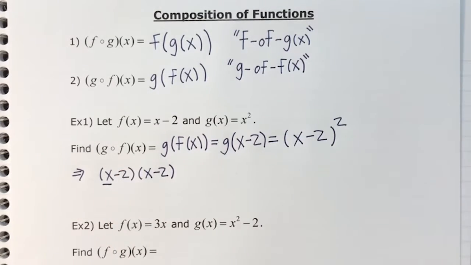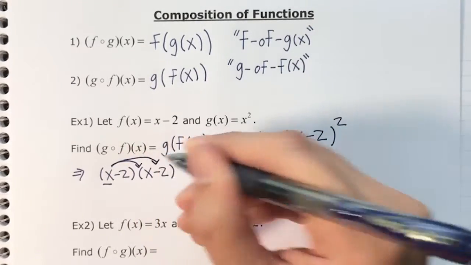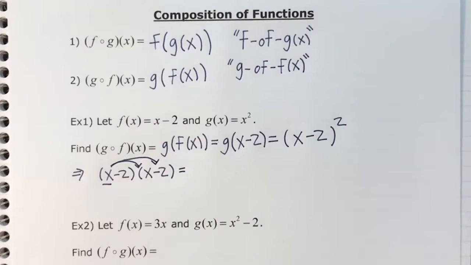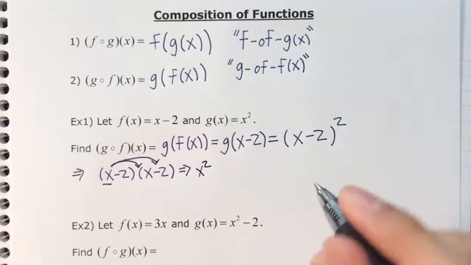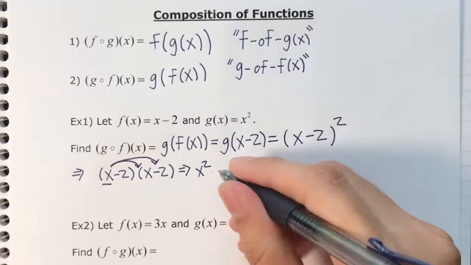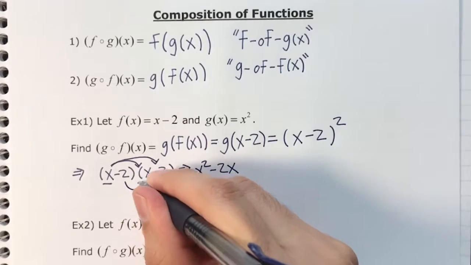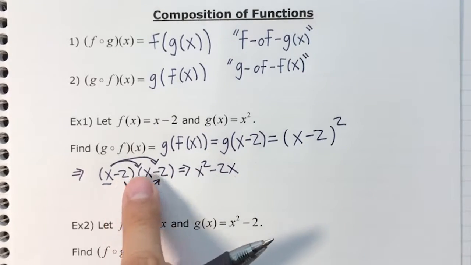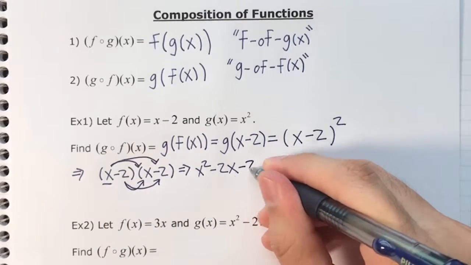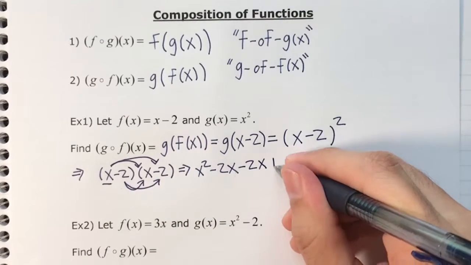We start off with the first term, which is x, and we multiply it to the x and to the negative 2. x times x is x squared. x times negative 2 is minus 2x. Let's distribute the negative 2 to the x and the negative 2 to the negative 2. Negative 2 times x is negative 2x. Negative 2 times negative 2 is positive 4.